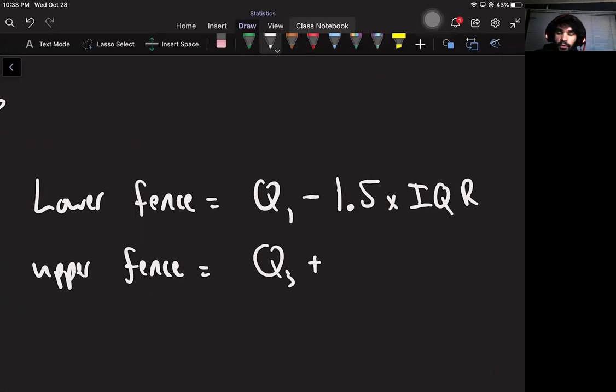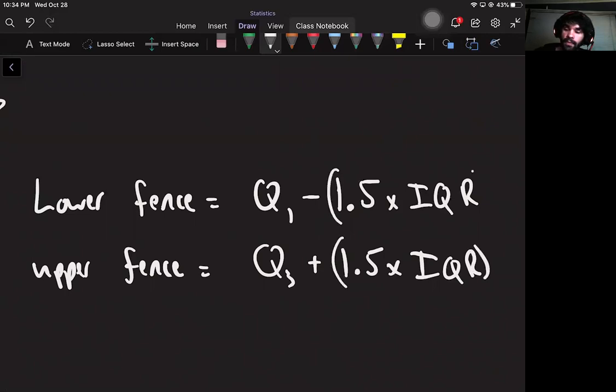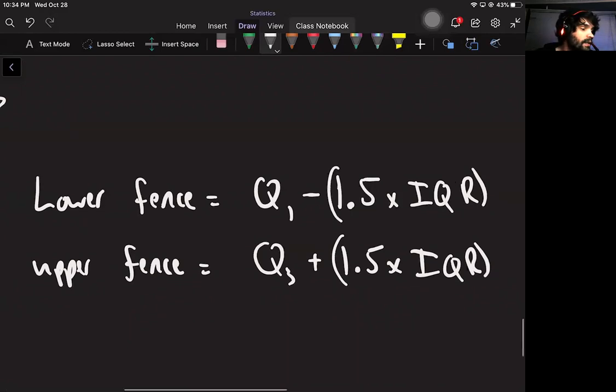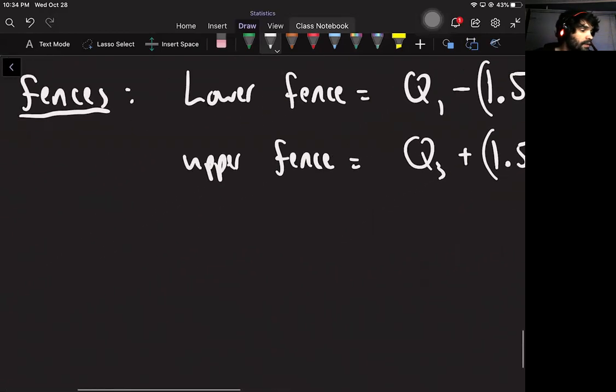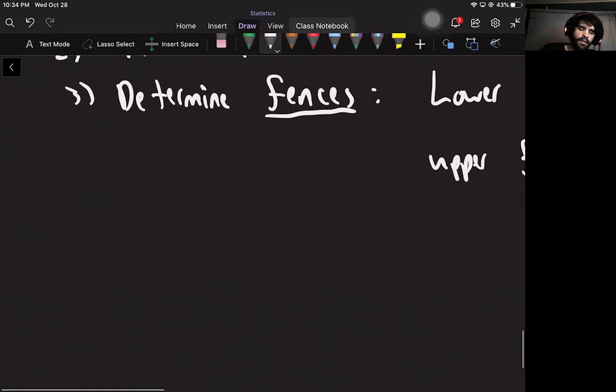Similarly, if you go too far to the right, past Q3 plus 1.5 times the IQR, then that's too far and you're an outlier. That's the idea. So the data not within the fences are the outliers.